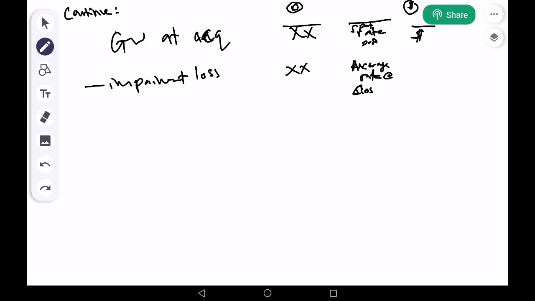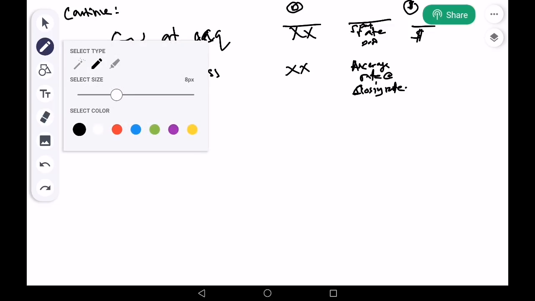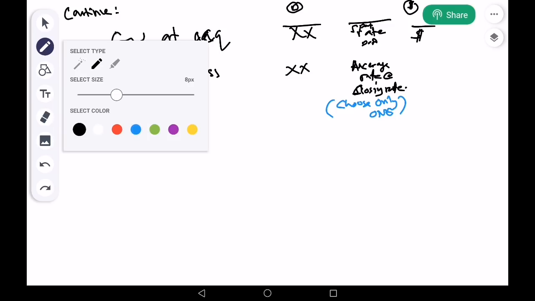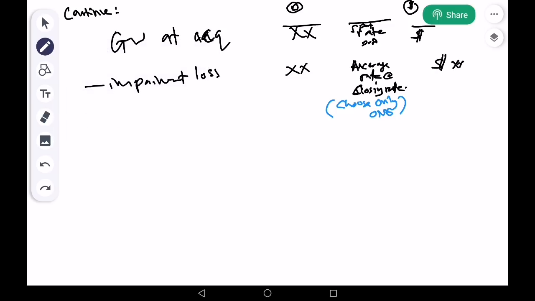There are questions also using closing rate. Please don't use 2. Please choose 1 only. Don't give me 2 answers. Choose only 1. Okay. Once you have converted it to be in a dollar sign, impairment loss, right?